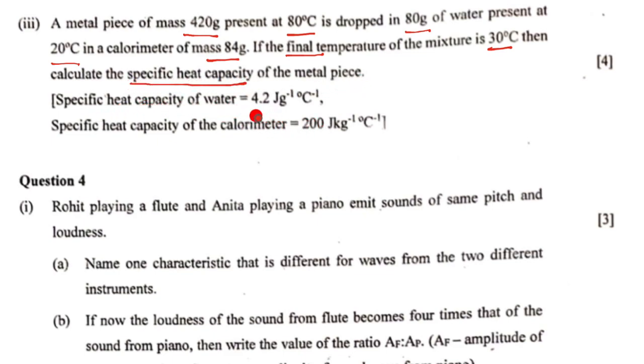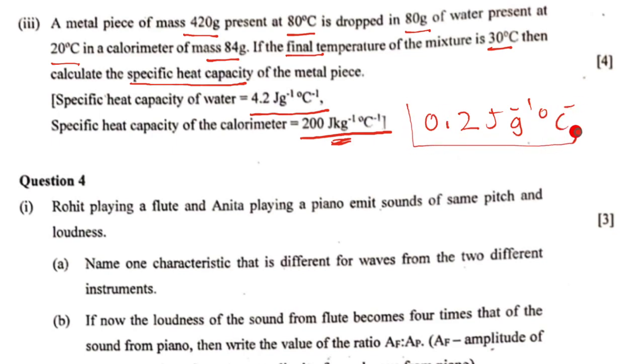Specific heat capacity of water is 4.2 joule per gram per degree C, and specific heat capacity of calorimeter is 200 joule per kg. Now everything is given in gram and this is given in kg. So you got to convert it into 200 upon 1000. So that becomes 0.2 joule per gram per degree C.